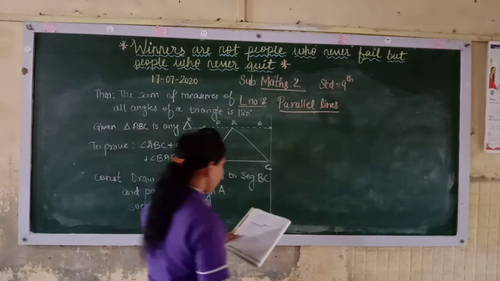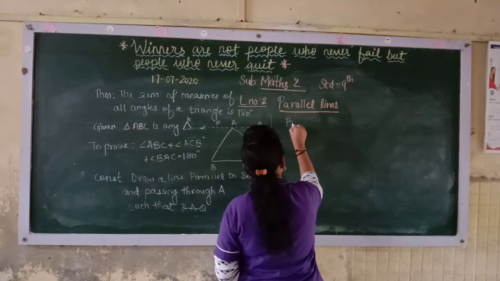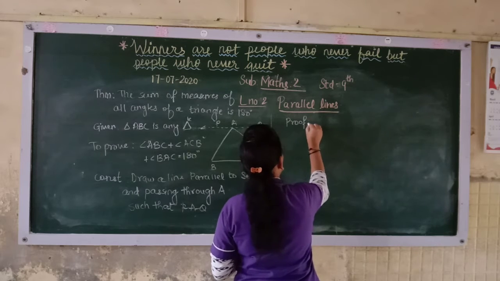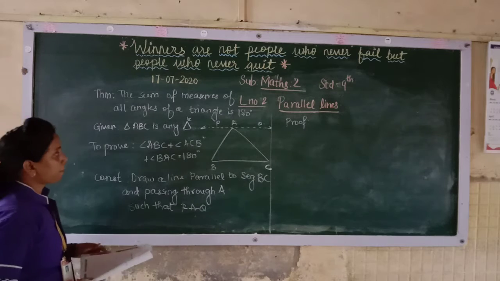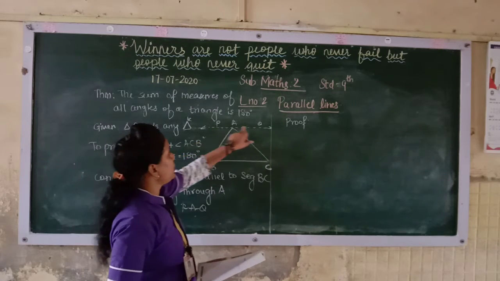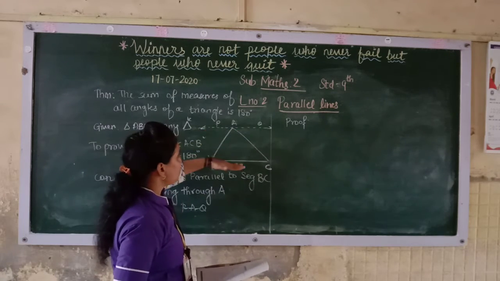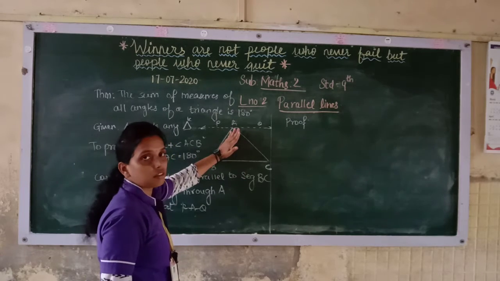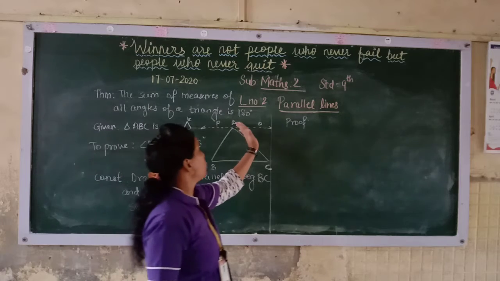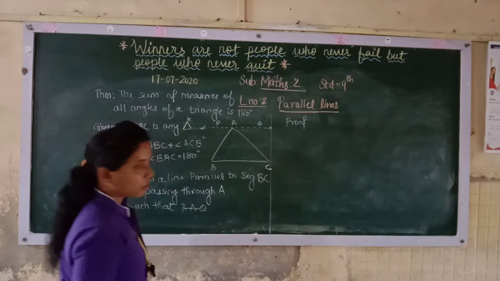Now see, for the proof, line PQ is parallel to BC, and AB is the transversal, and also AC is the transversal.